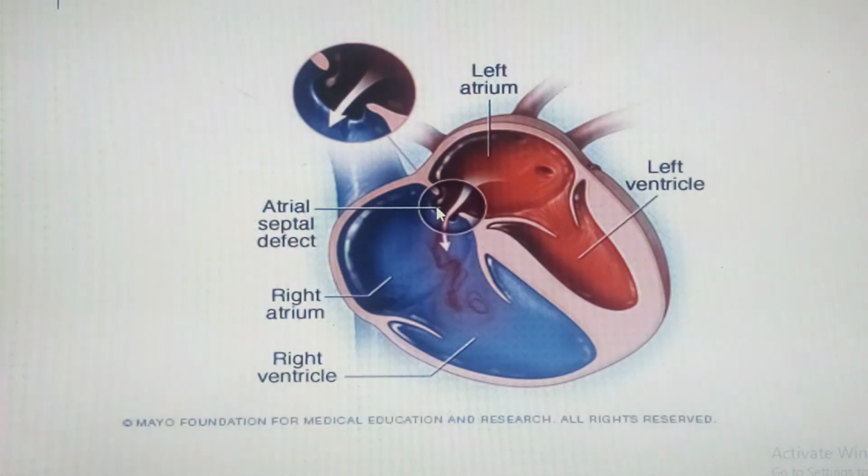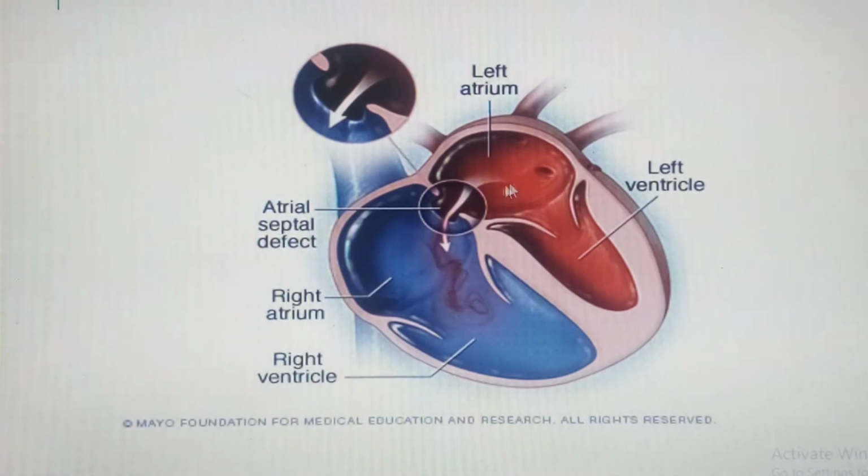Patent foramen ovale. Now, remember that in adult life, the left atrial pressure, because the left one is going to carry oxygenated blood, is actually greater than that of the right atrium. When that happens, then blood could be shunted. You can see where the arrow is moving.